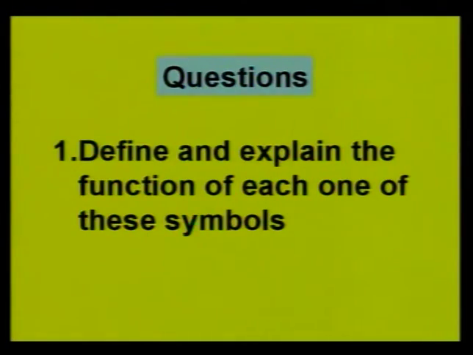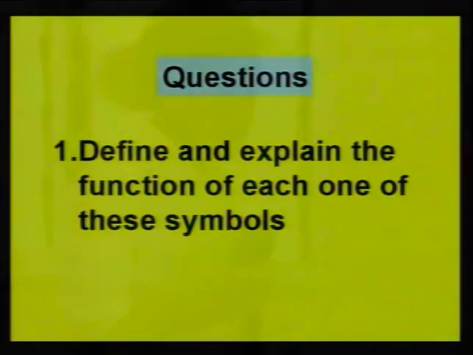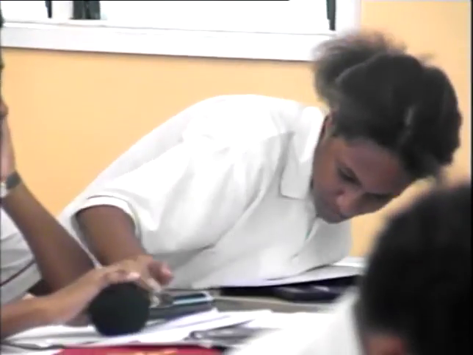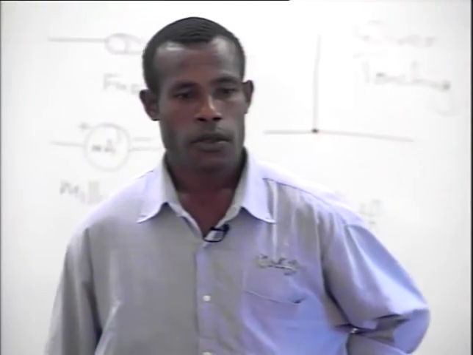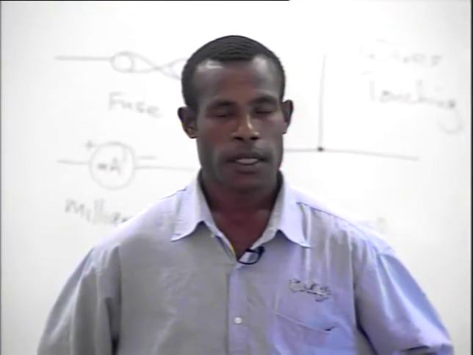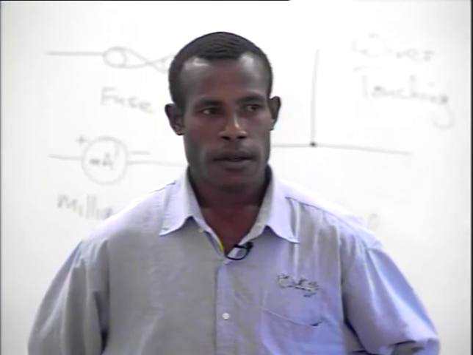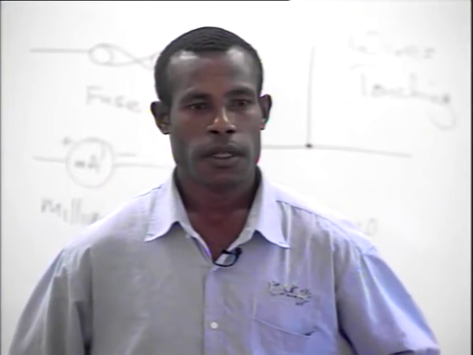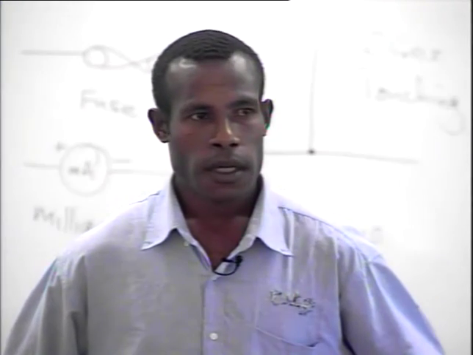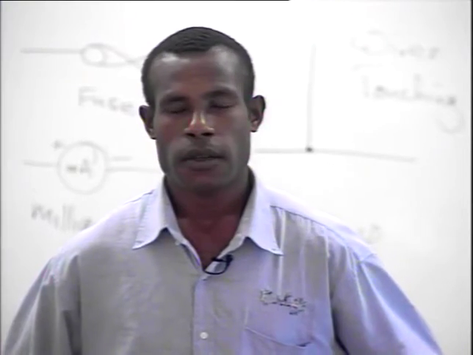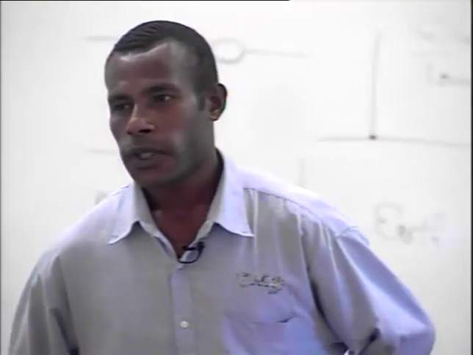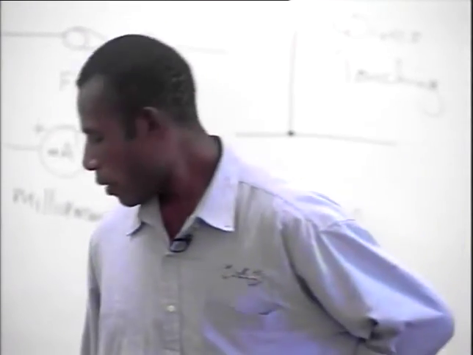A cell stores power and it basically converts chemical energy to electrical energy. Very good. So a cell is a source of power, or simply electricity, and we can call it a device. It is a device which will convert chemical energy to electrical energy. Good. For the second one, that is the connecting wire.